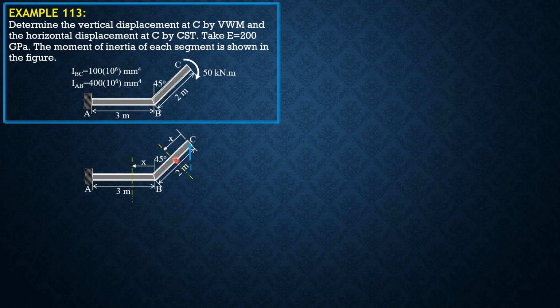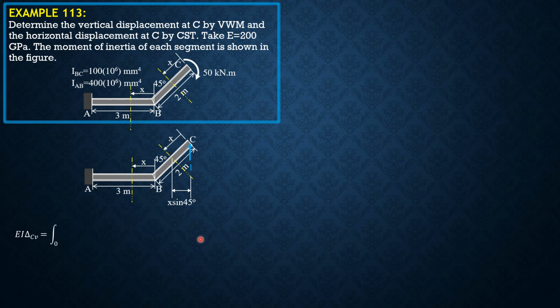So the horizontal distance, or the moment arm of the unit virtual load, is x sine 45 degrees. That's also x sine 45, while this distance is 2 sine 45.